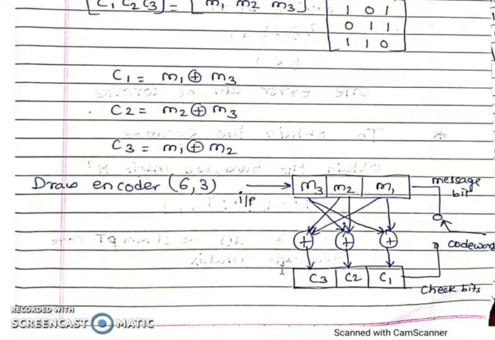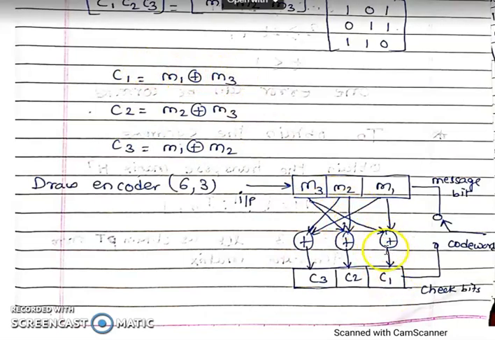Now we'll see how to draw the encoder for the given numerical, the (6, 3) code, where we have the messages M1, M2, M3, and similarly the check bits C1, C2 and C3. Looking at these equations, I have drawn this encoder, where the C1 equation is given by M1 XORing M3.